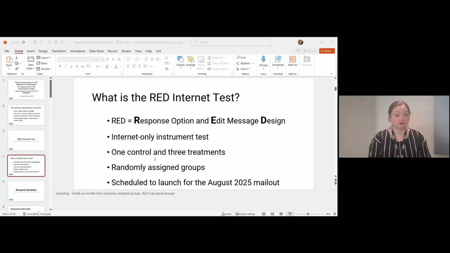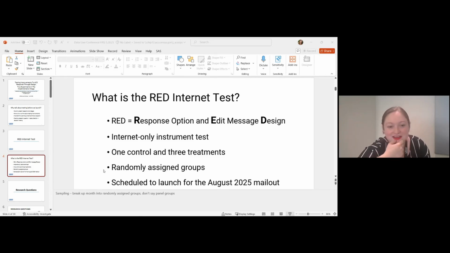Hillary? It looks like your slides are not advancing at the moment. If you could just put it in presenter mode and advance, thank you so much. I think it is in presenter mode. I'm in presenter view. Is that the issue? What do you see right now?